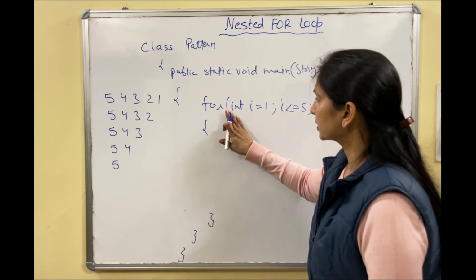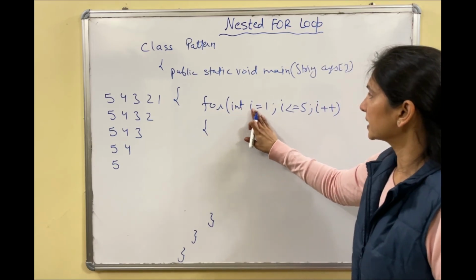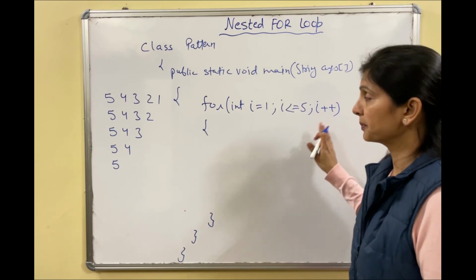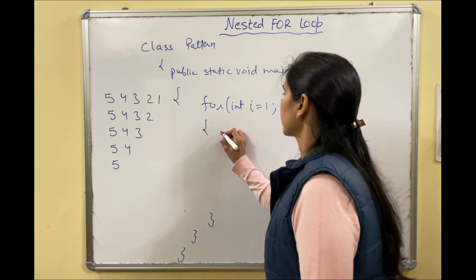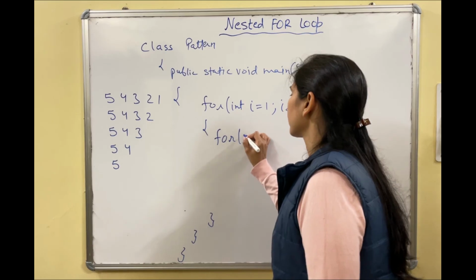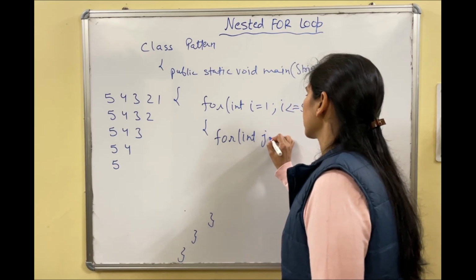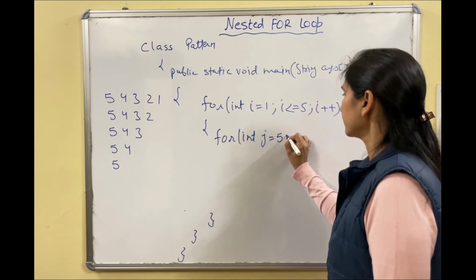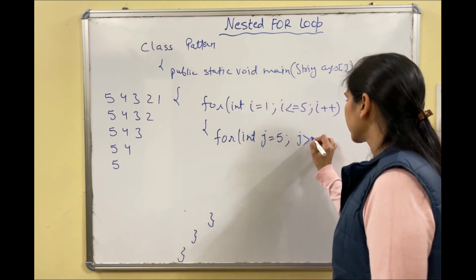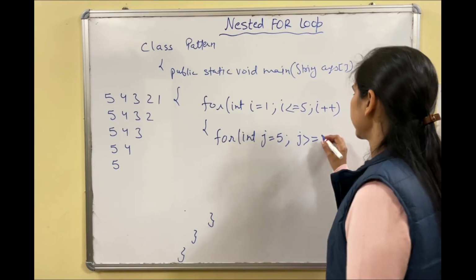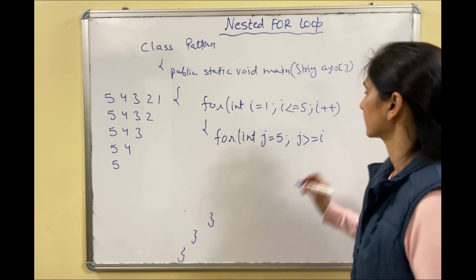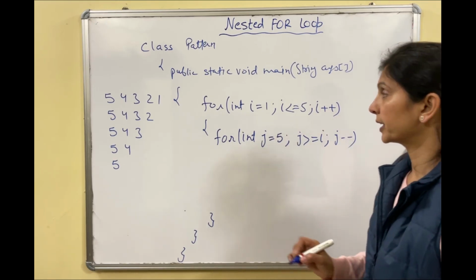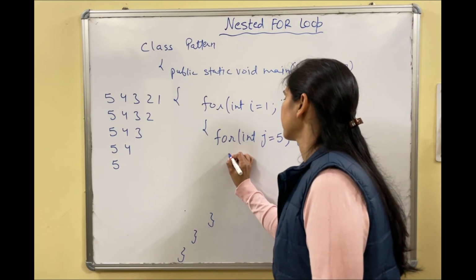So what we have to do, first the outer loop will go int I equals 1, I less than equals 5, I plus plus, as there are 5 rows. Now what about J? int J equals 5, as it starts from 5, J greater than equals I, and J minus minus. What do we have to display?